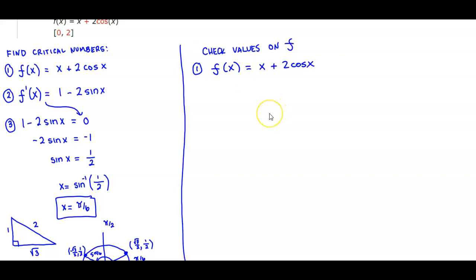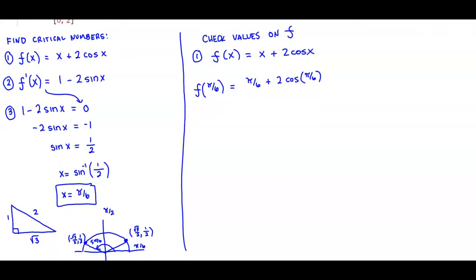First, f of pi over 6 is equal to pi over 6 plus 2 times the cosine of pi over 6. The cosine of pi over 6 is x over r, which is the square root of 3 over 2. So we get pi over 6 plus 2 times the square root of 3 over 2.